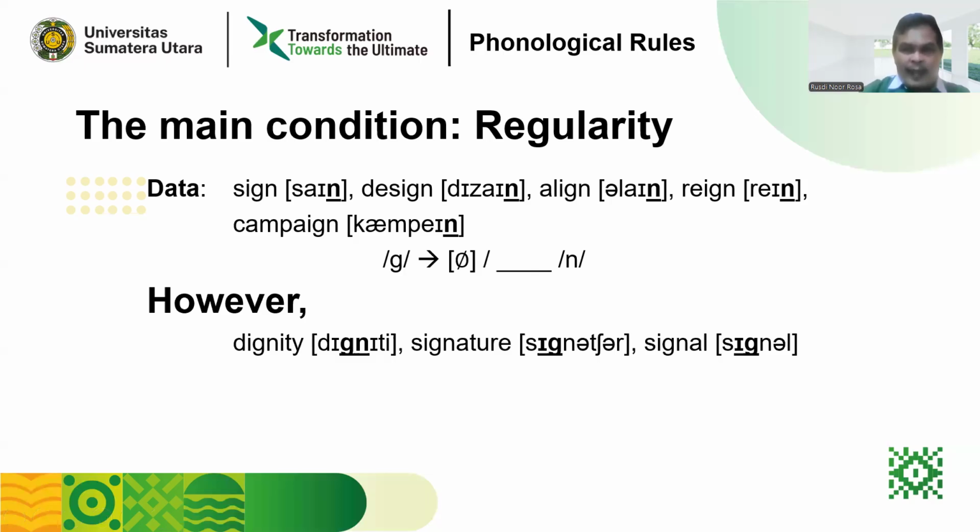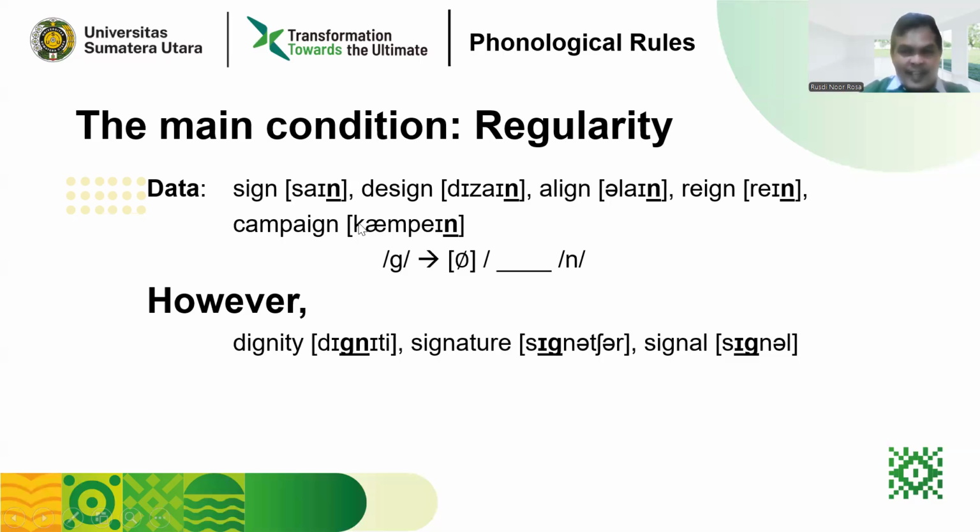We must add another phonological environment to show that these regular data can be formulated into a phonological rule. What is the condition? We can see here that the regularity in this data, the removal or the deletion of G, only occurs whenever G and N are the final sounds of a word.